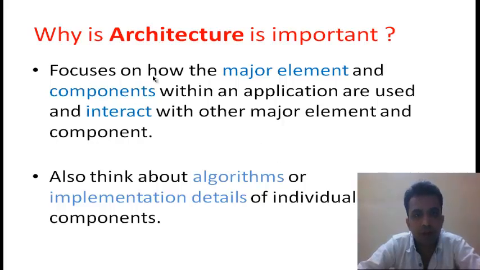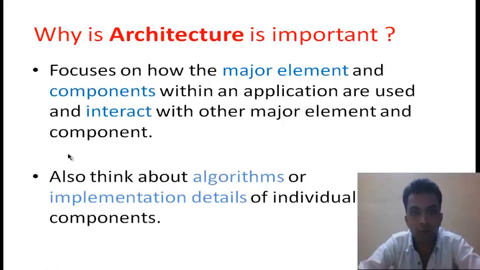And why is architecture important in software architecture design? Because it only focuses on major elements and components. These two points are very important: major or important elements and components within a single application, and these elements and components are going to interact with other major elements and components of another application. Means this is application 1 and this is application 2.